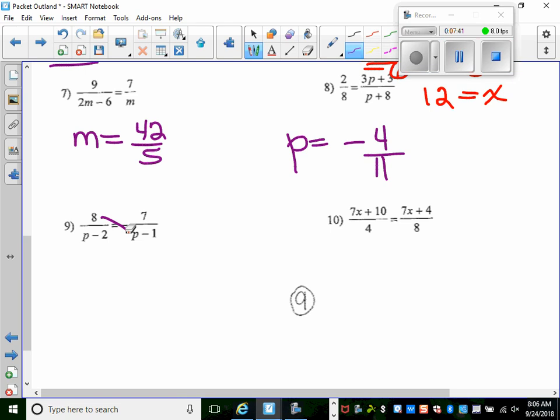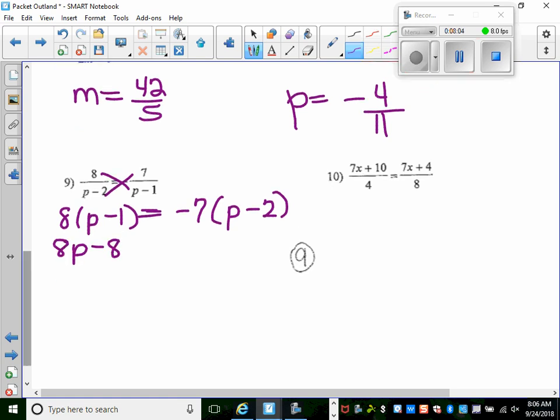So I'm going to cross this way, and I'm going to have 8 times p minus 1 on that side. And that's a negative 7, is that right? So that's going to be negative 7 when I cross the other way times p minus 2. So that's going to give us 8p minus 8 equals negative 7p.